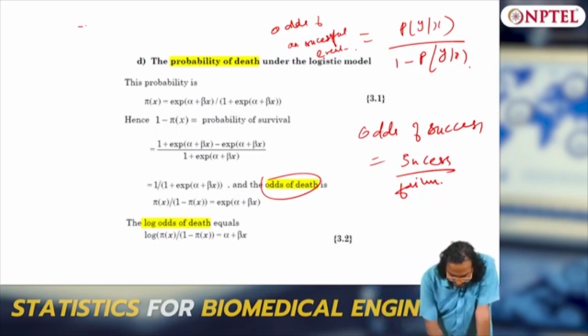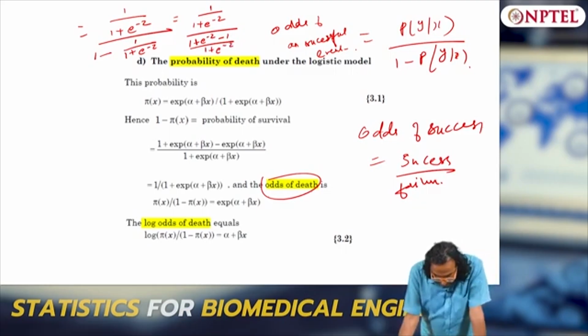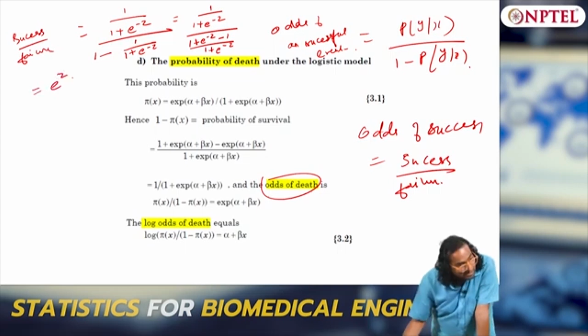Now if I expand this, what do I have? 1 by 1 plus e power minus z, divided by 1 minus 1 by 1 plus e power minus z. Can we simplify this? What do you get? E power z. So success by failure equals e power z.